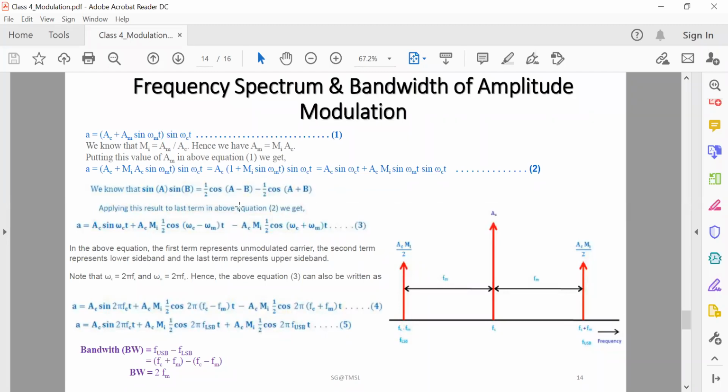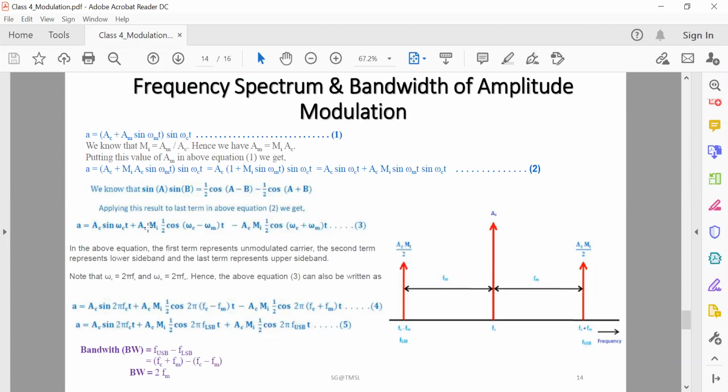Okay, and how can we simplify it using the normal equation? The sin A sin B formula can be implemented here, so we can get A equals AC sin omega ct plus AC modulation index half cos (omega c minus omega m)t minus AC modulation index half cos (omega c plus omega m)t.